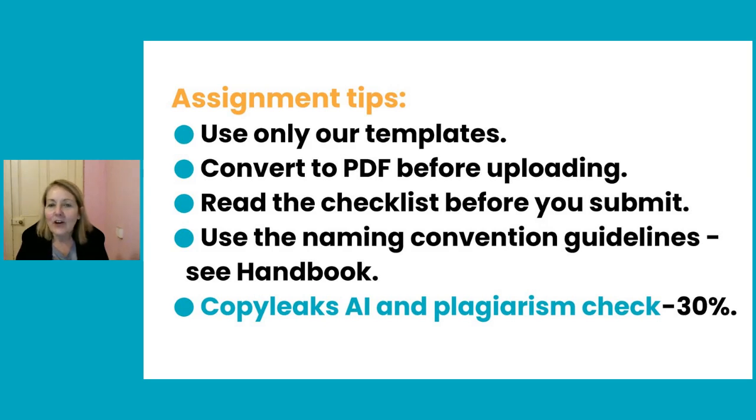And then your Copyleaks, AI, and plagiarism check must be below 30%. If not, just go back and read. If you have 46%, just like, I'm sure sometimes you've written something that just happens to be completely accidentally very similar to something that someone else has written before.